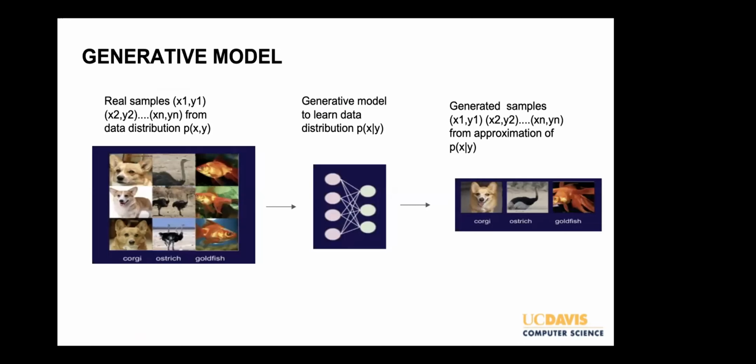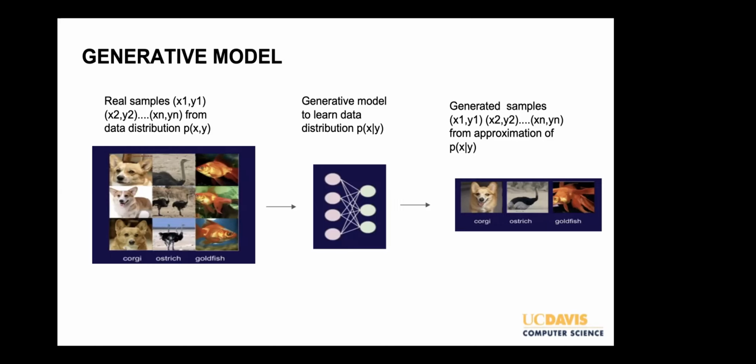To begin, let me introduce the basic problem of generative models. Let's say we have a dataset of images of dogs, ostriches, and goldfish, and we want to train a model that can generate new images of the same kind for us. So we start with a dataset of real pairs, like you see on the left, say X1, Y1, X2, Y2, and so on.